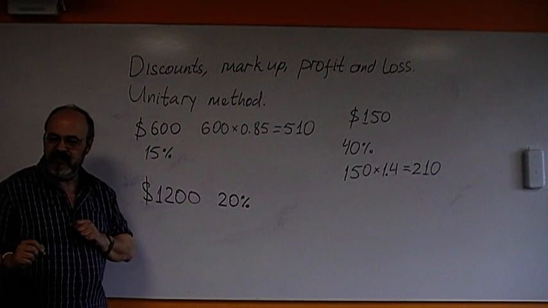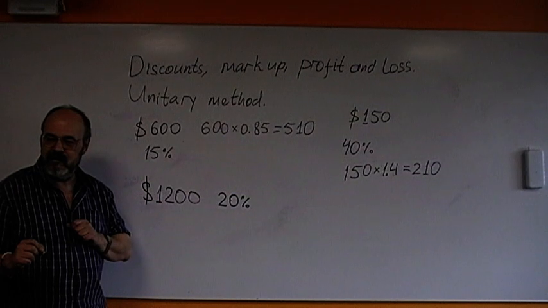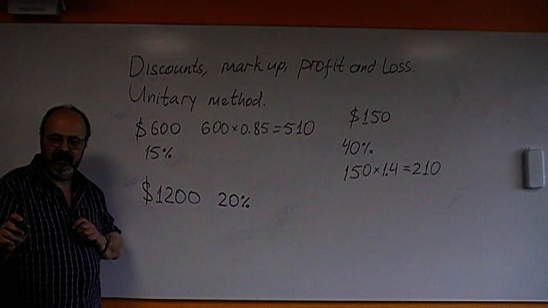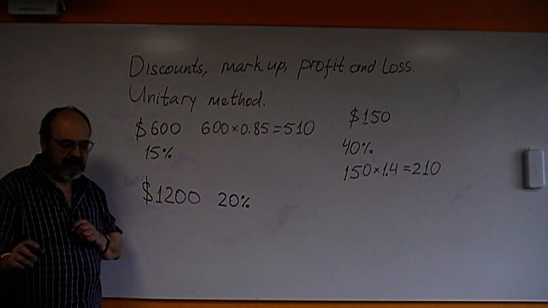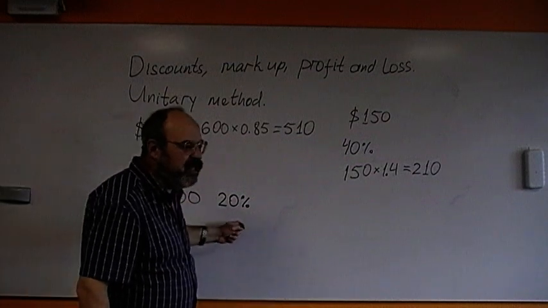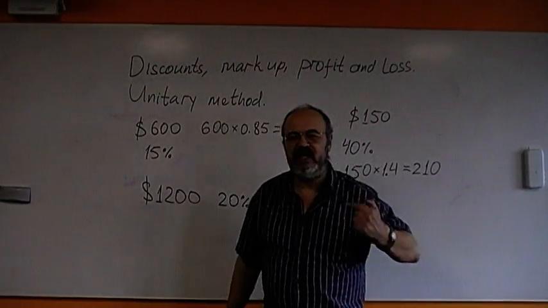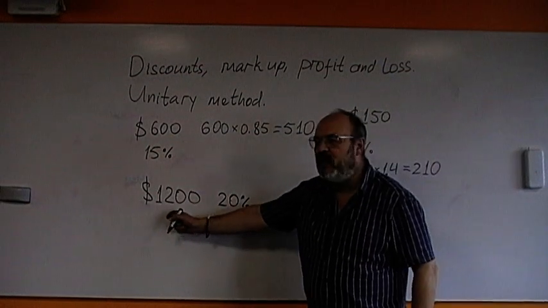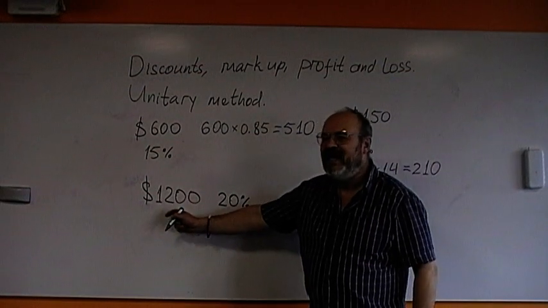So you do 1,200 times 0.2 and then you add that on? No, it is after a 20% discount. So 80% is left. Do we times by 0.8?